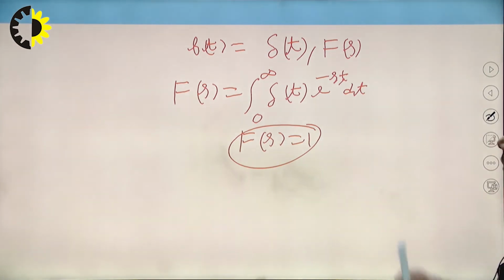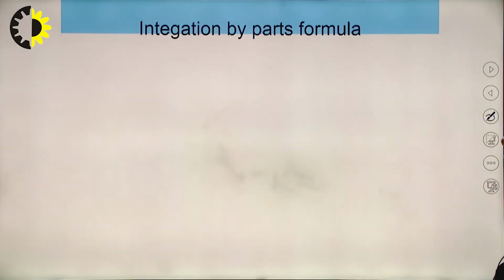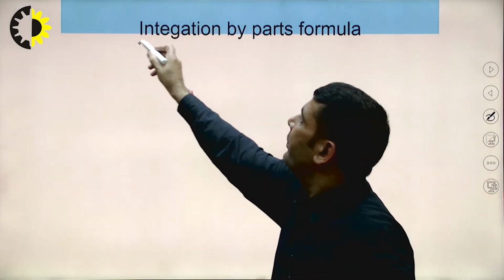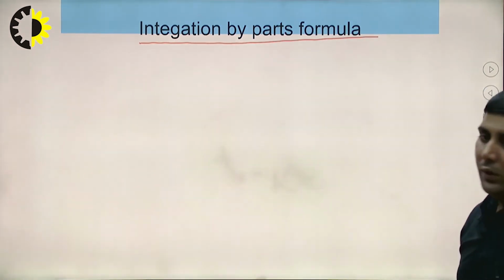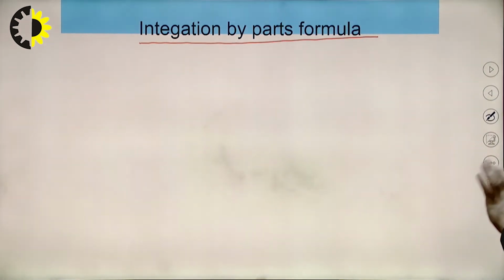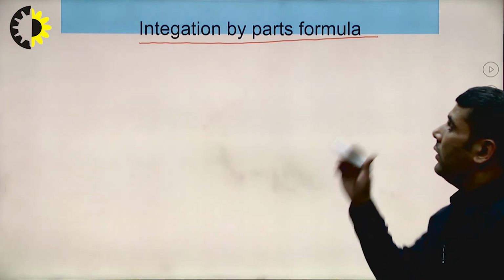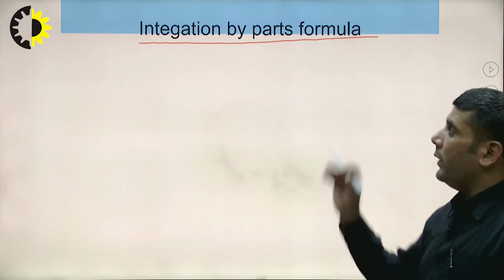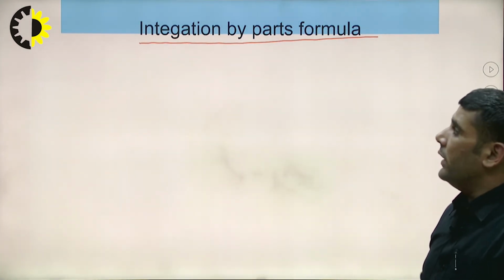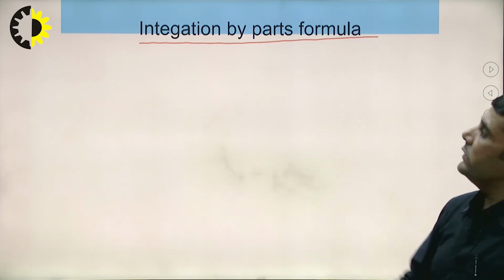So what are the basic requirements? The first necessity is the integration by parts formula. If you are interested in solving numericals of Laplace transform, then you must be aware of this integration by parts formula.